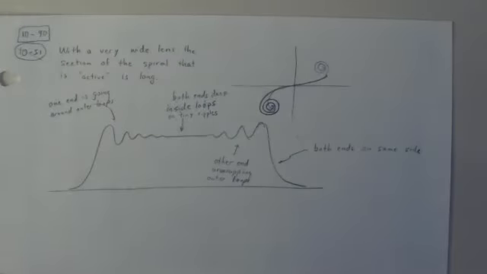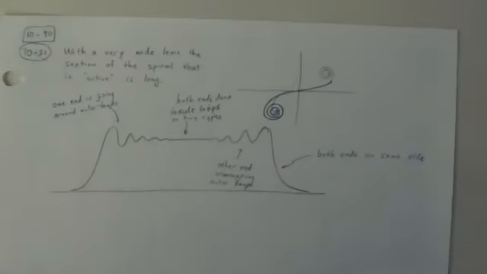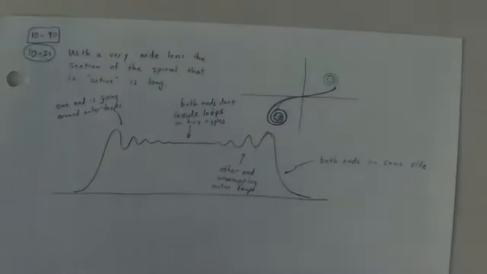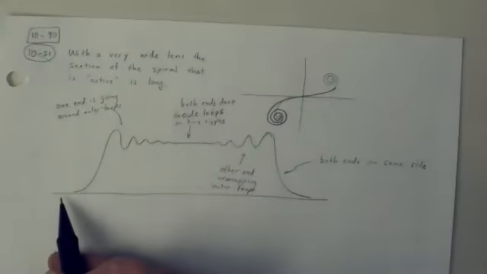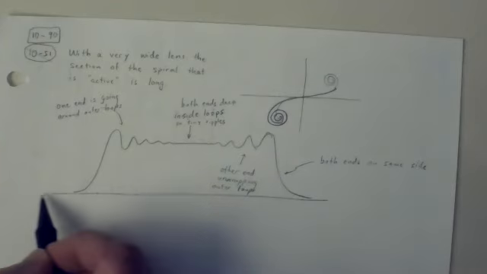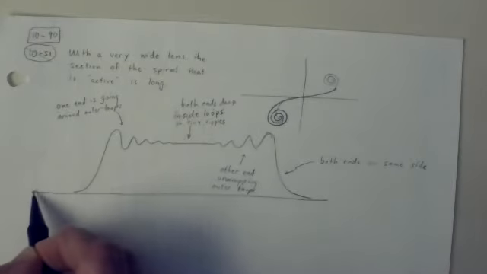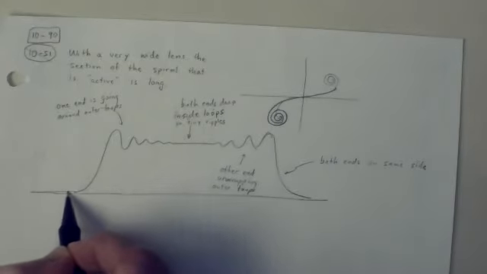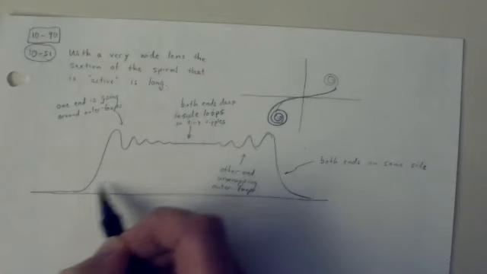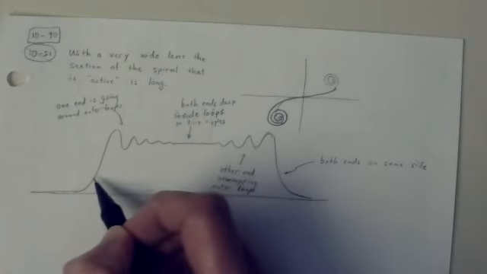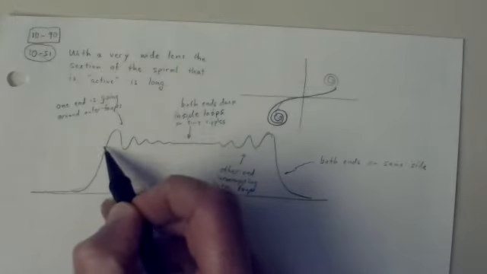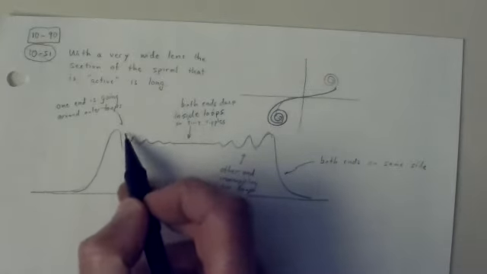So what you get is something that looks like this. If you've got a slit that's very wide, then way out at the edges, it just comes up from no intensity and smoothly comes up to a peak and then wiggles.